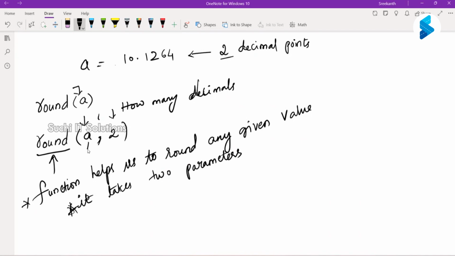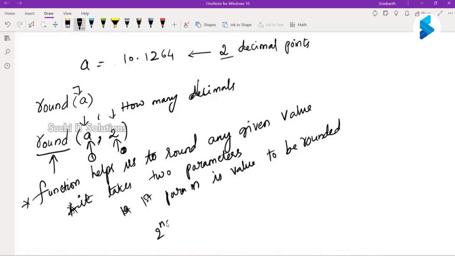The first parameter is the value to be rounded.